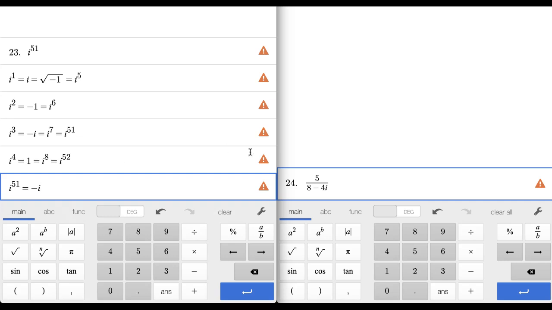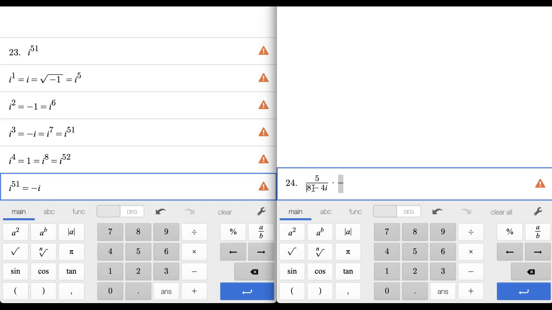Okay, that's a simplified version. Number 24, you want to simplify this fraction. You have an i in the denominator. So in order to simplify it, we don't want i in the denominator. So there's this thing where you multiply by the complex conjugate, right? We can only multiply by a value of 1.